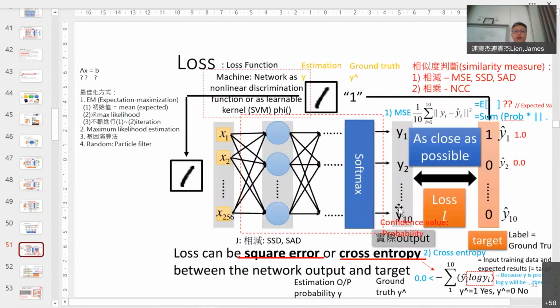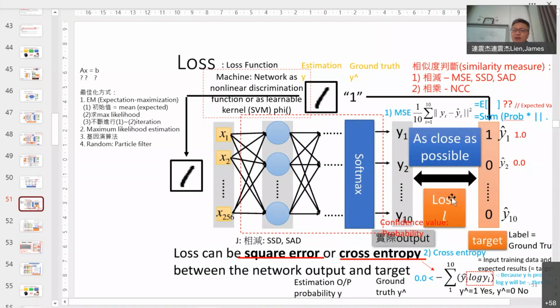And the labeling becomes the ground truth here. And this is your output. So between your estimation output and your ground truth, we call it a loss function. Okay. So we need to estimate the loss function.